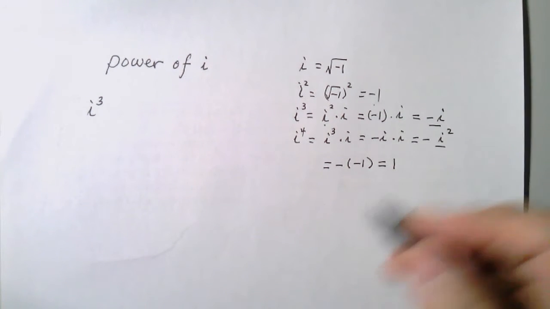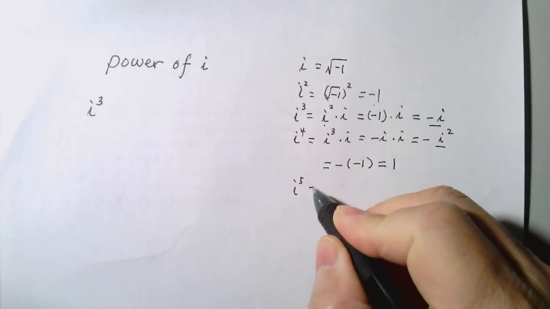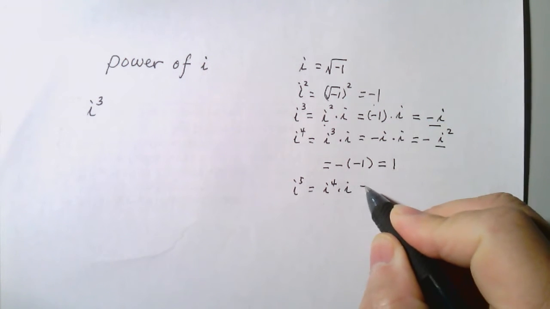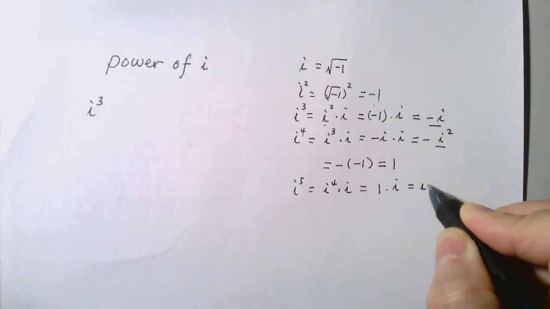So what about i to the fifth? If I get i to the fifth, it's i to the fourth times i, which is 1 times i, equals i.